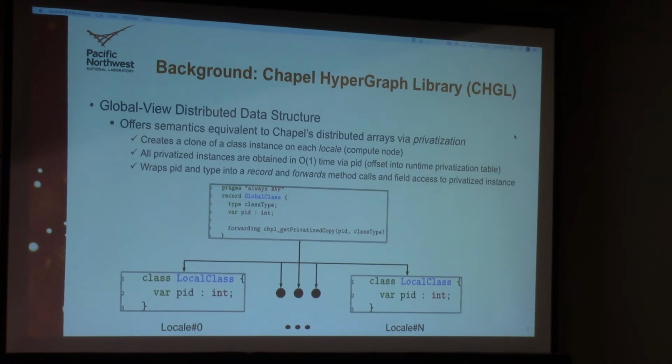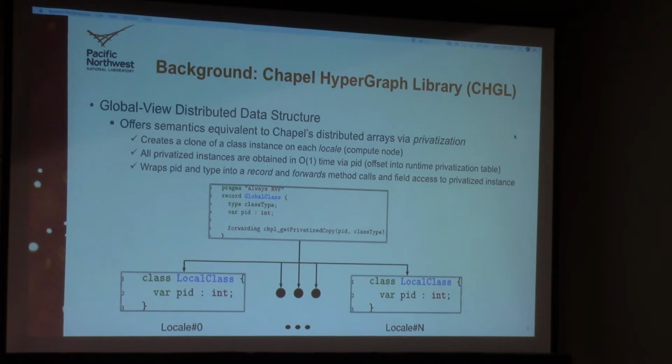So what is a global view distributed data structure? You can think of it kind of like a Chapel distributed array where you can access it from multiple locales without having to worry about processing your current task's index or having to really worry about locality at all. It's all kind of handled for you.